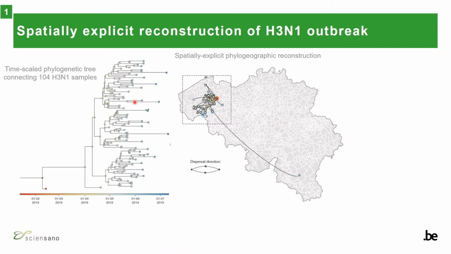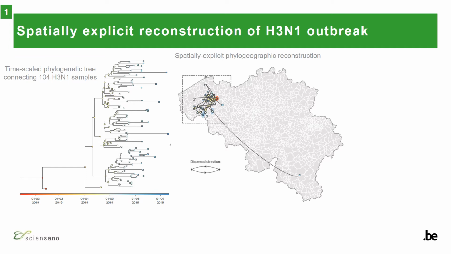Here you can see the time-calibrated reconstruction using the whole genome sequences, and we added a color code to the time scale with the index cases in red and evolving towards blue for the latest cases in the outbreak. And when we plot this on a map, we get the spatially explicit phylogeographic reconstruction.